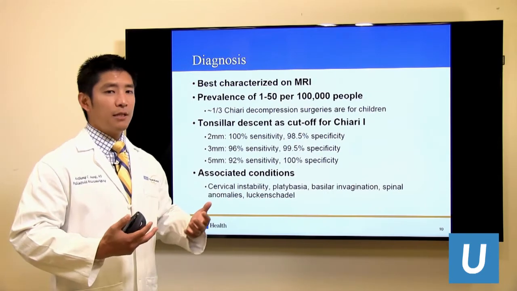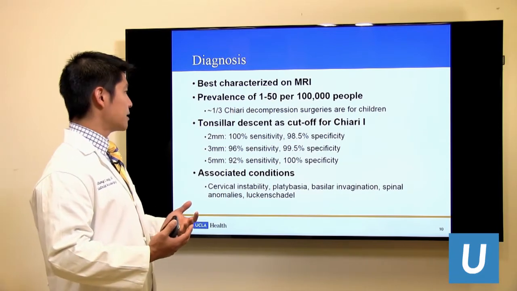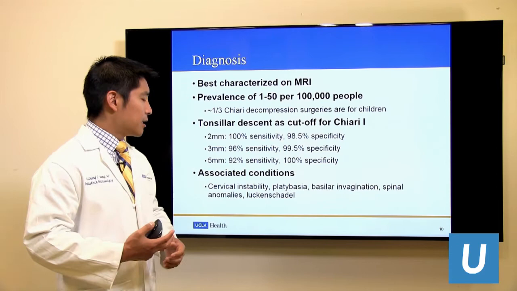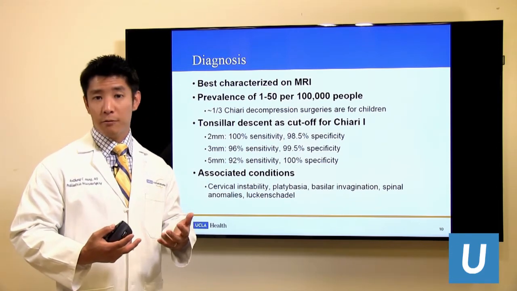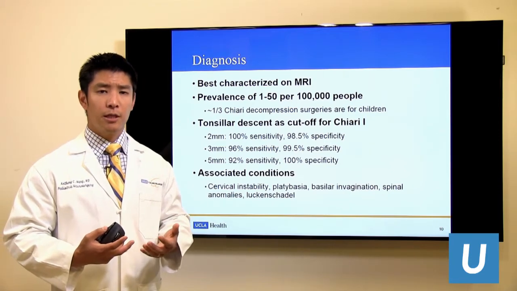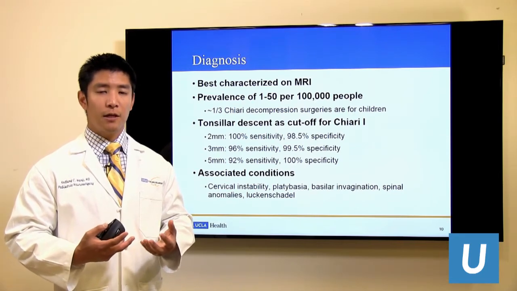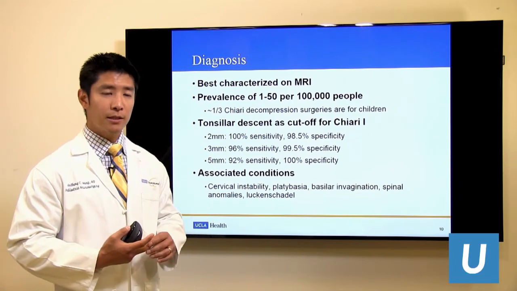Now, we diagnose Chiari almost exclusively on MRI these days. Barkovich's group established the reasons why we use the cutoffs that we do. The cutoffs are typically 3 millimeters to 5 millimeters of tonsillar descent below the foramen magnum, below the bottom of the skull base.